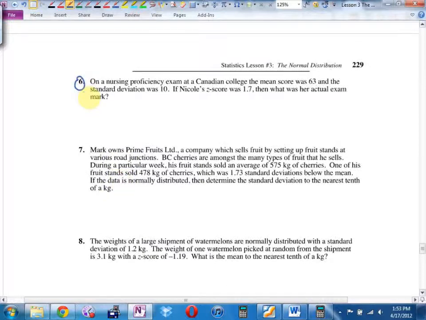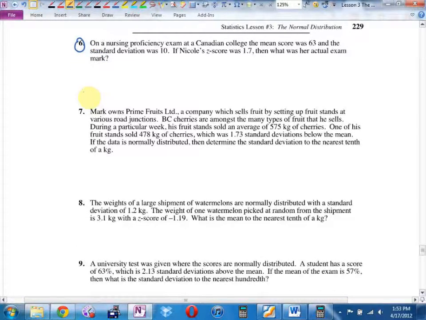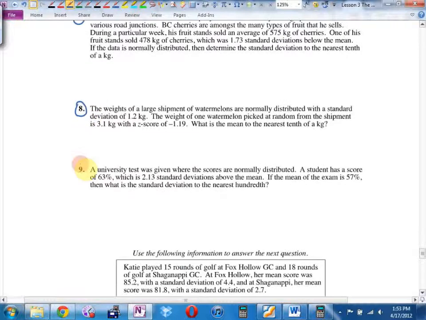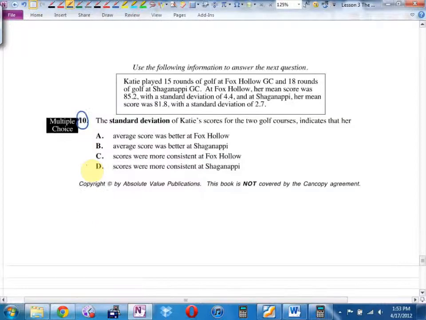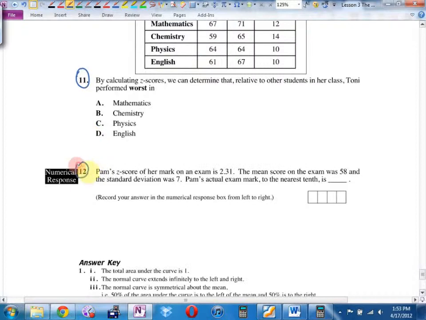Number 6. Number 7. Number 8. Number 9. I already assigned number 10. I already assigned number 11. We're going to go 12.